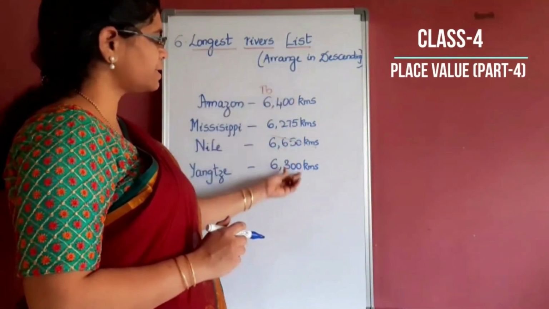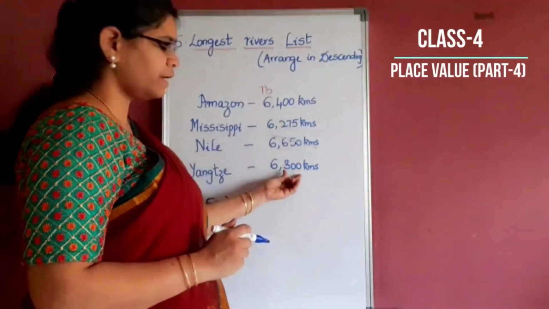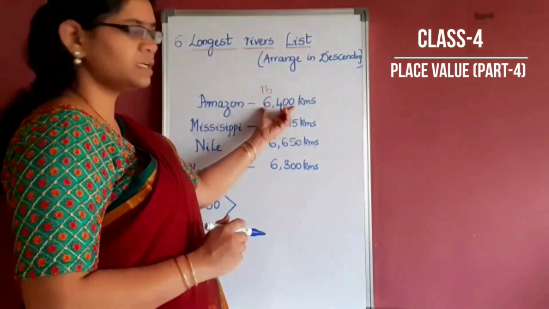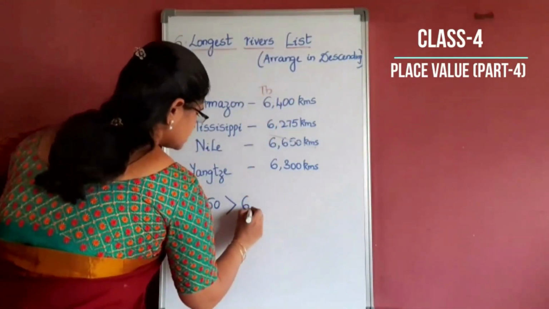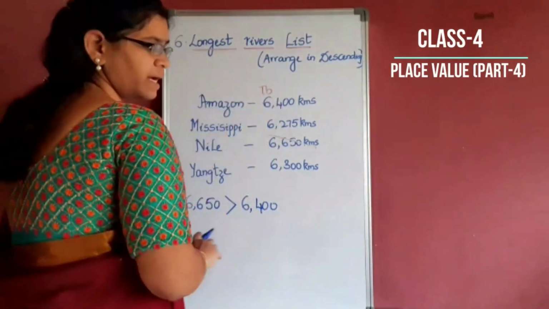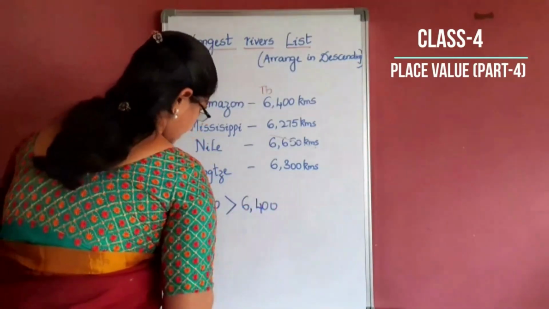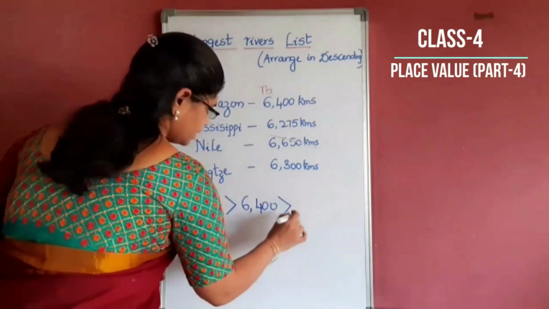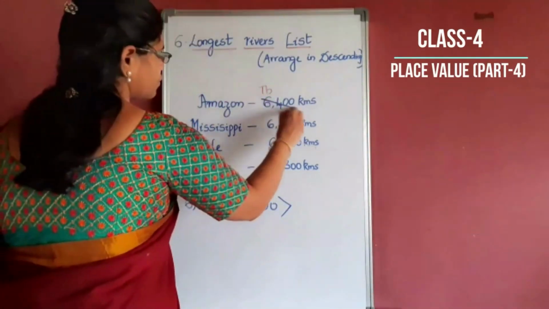Which is the biggest among these? 400, 275 or 300? Yes, it is 400. So, this number comes in the second place as 6,400. Amazon River is the second largest river. As this is the larger number, I am placing the greater than symbol with the opening towards it. This is also done. So strike out.